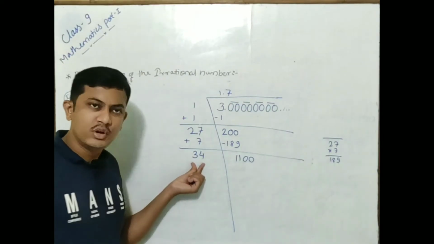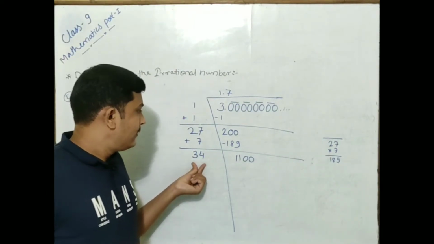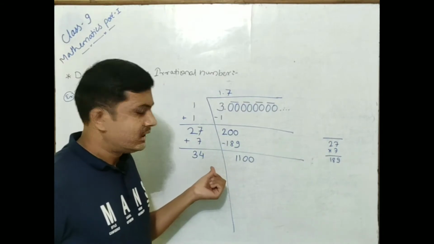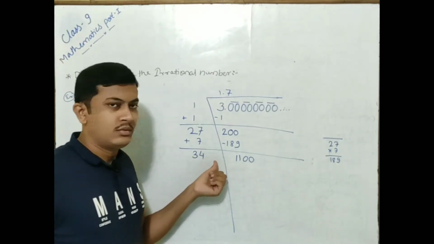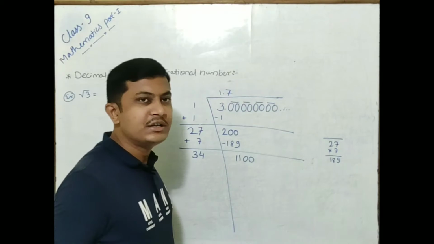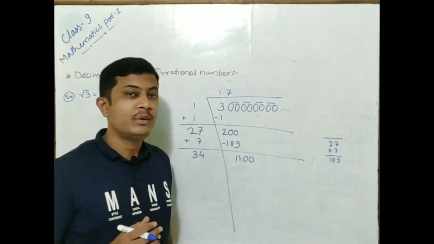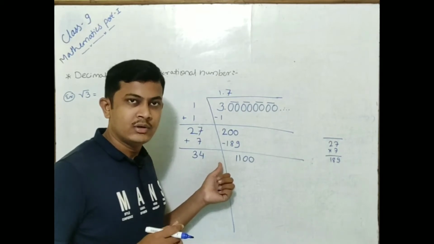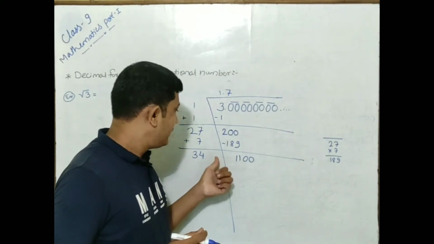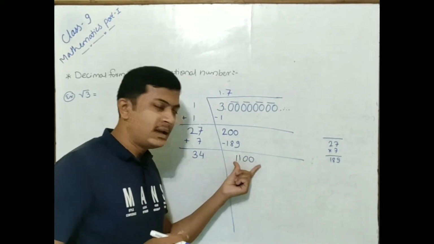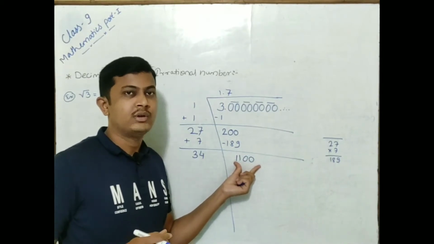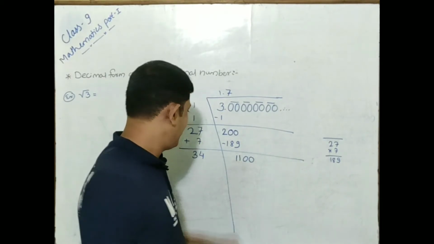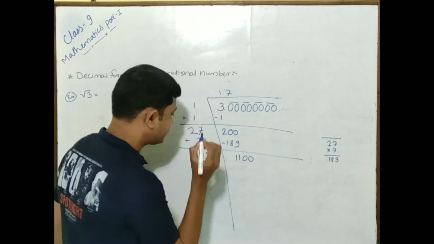Now here 34 is a 2 digit number. Again we will add 1 digit to the right of 4, so it becomes a 3 digit number, and the product should be less than or equal to 1100. So let's consider here 3.